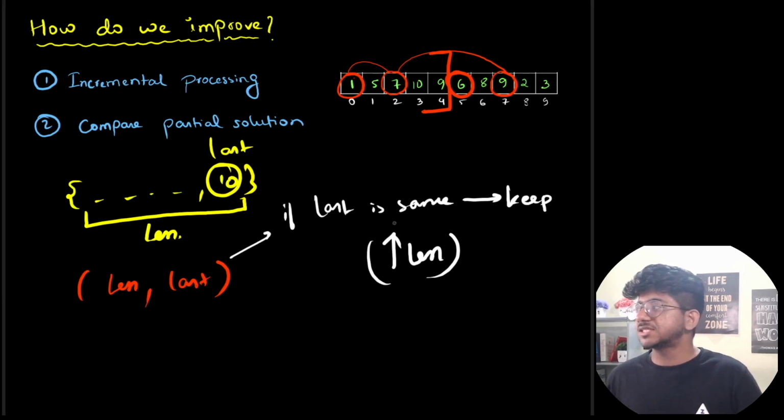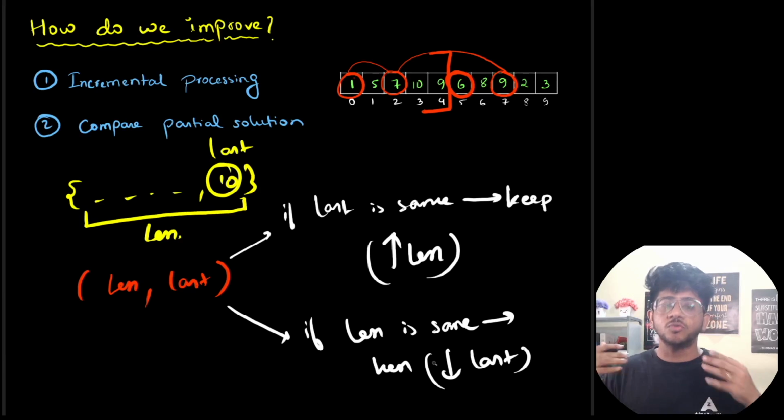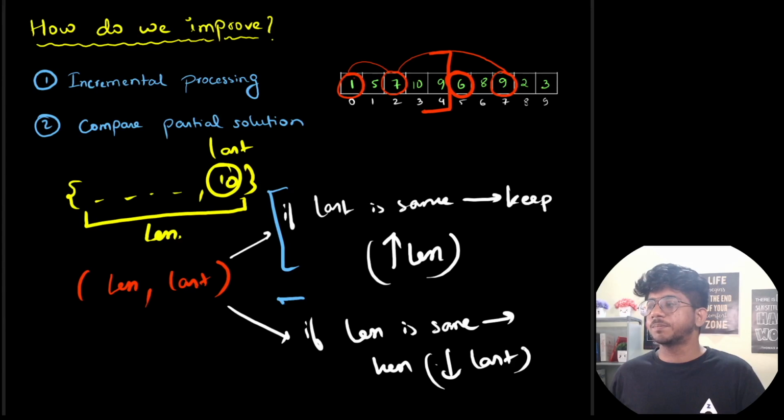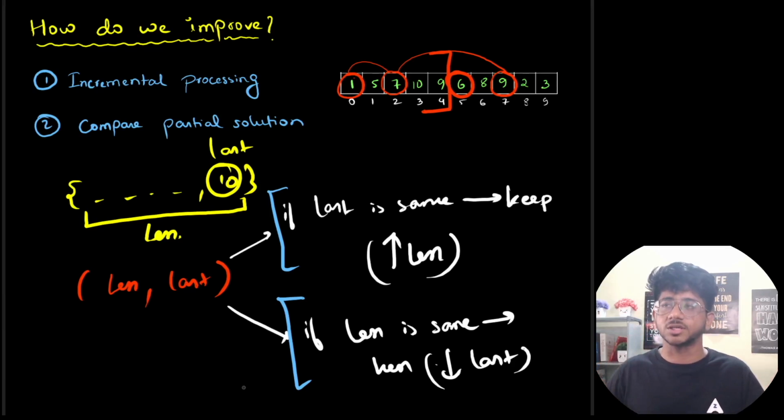If the length is the same, keep the one with the lower last, because the lesser the last value is, the more room for improvement in LIS is possible. These are two key observations which help us compare the partial solutions. These are called partial solutions because they are still not the main solution, but sub-solutions that are currently getting generated while incrementally processing.